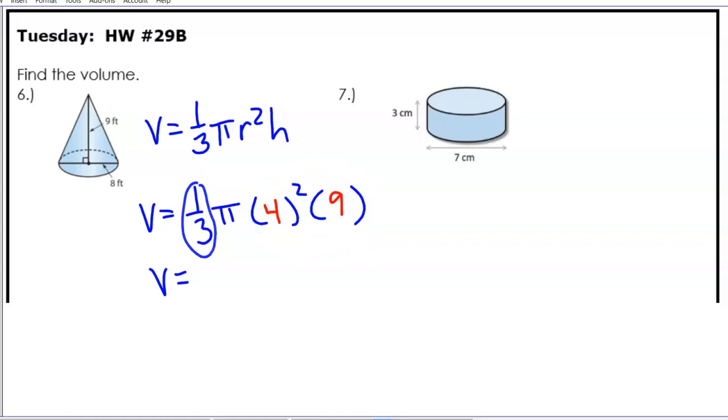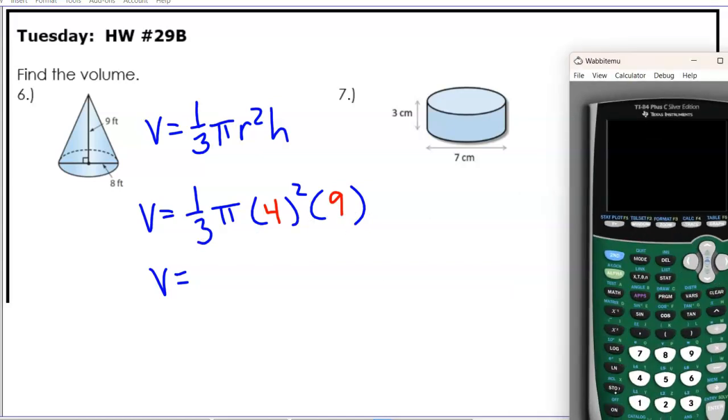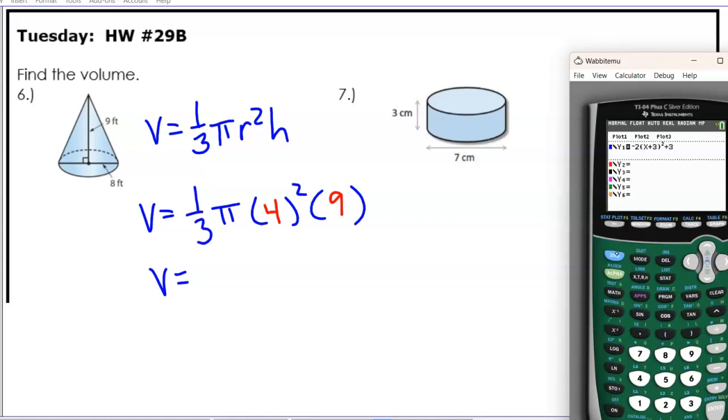So 1/3 times 4 squared times 9 would be, let's get my calculator here, turn it on, use my fraction button, one-third times parentheses 4 squared times parentheses 9. Looks like I'm going to get 48, but I still haven't used my pi sign. So it's 48 pi if they ask you to write it in terms of pi.